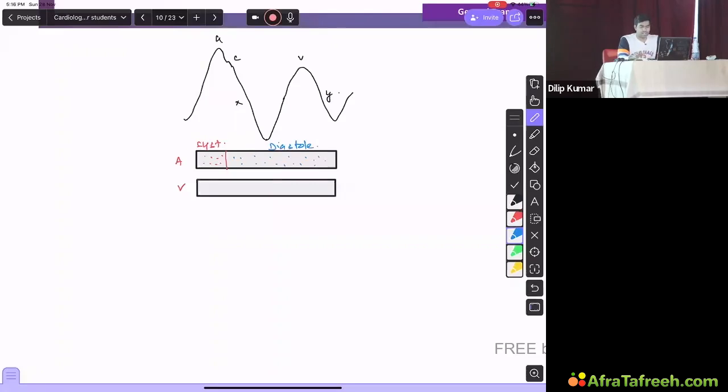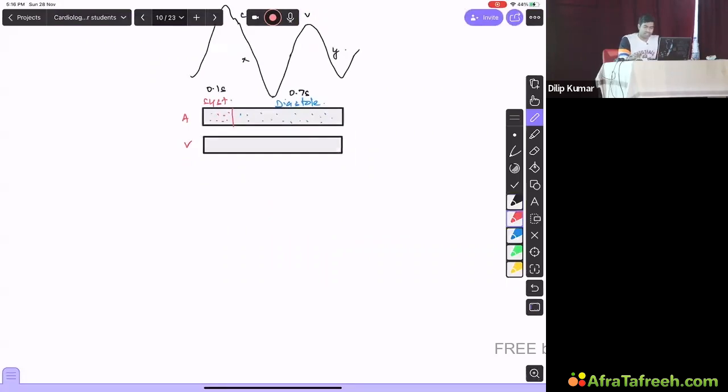So if you take a 0.8 second cardiac cycle, generally the average duration of the cardiac cycle is 0.8 second for a heart rate of 75 beats per minute. So that's considered as average, 0.8 second cardiac cycle. In that, only 0.1 second will be what? Atrial systole, and the remaining 0.7 second will be atrial diastole only.